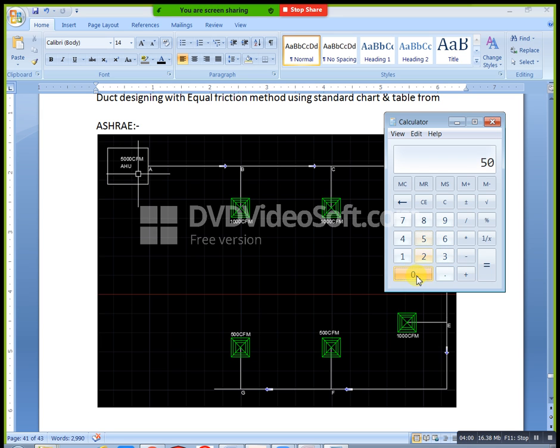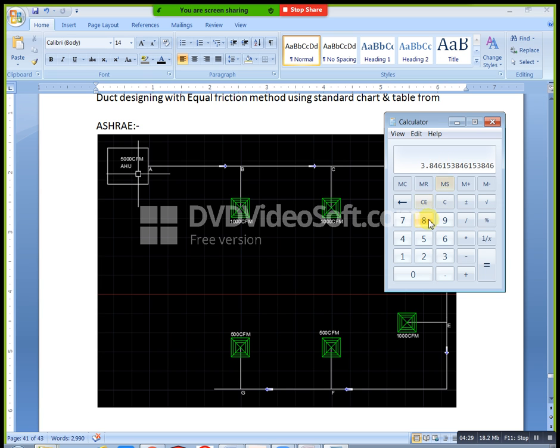For example, see, now we will try 5000 divided by 1300. Then our value is 3.84. This is square feet value, area value.